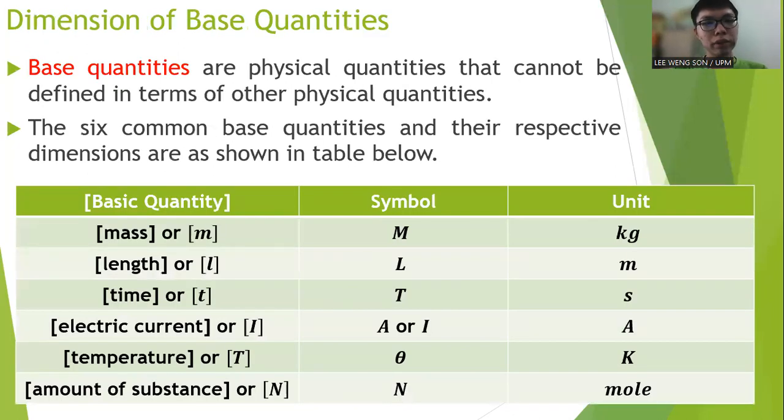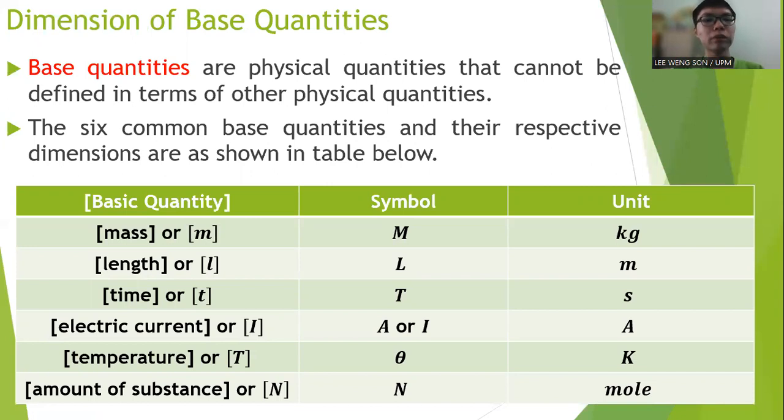The following table shows 6 common base quantities along with their respective dimensions. Basically, base quantities are defined as physical quantities that cannot be defined in terms of other physical quantities. To determine the dimensions of a base quantity, we first have to put square brackets on the base quantity, so as to make it become a symbol of dimensions.